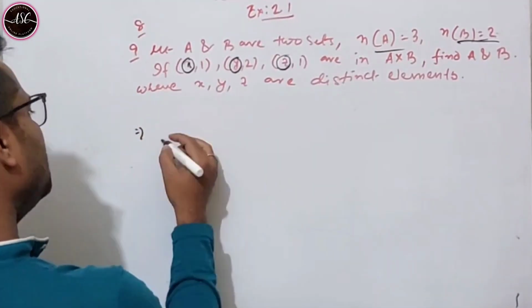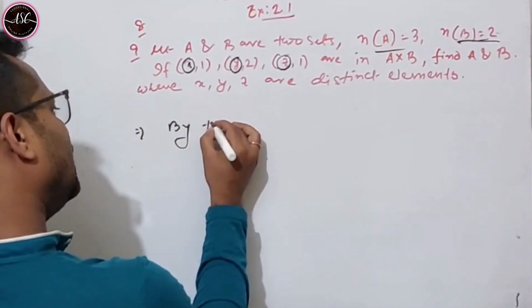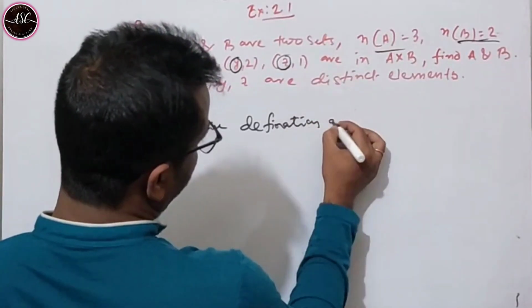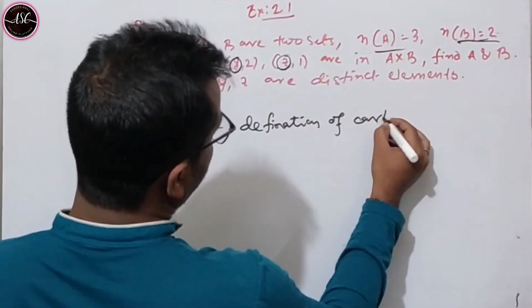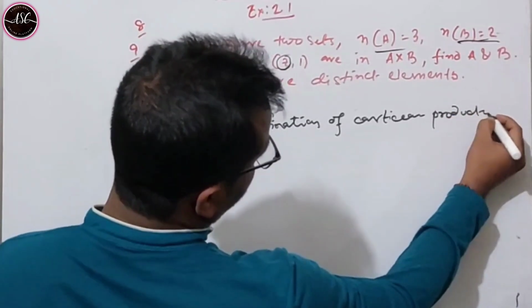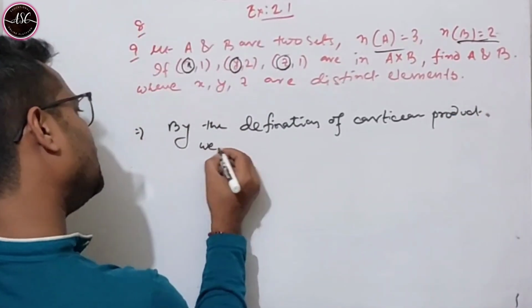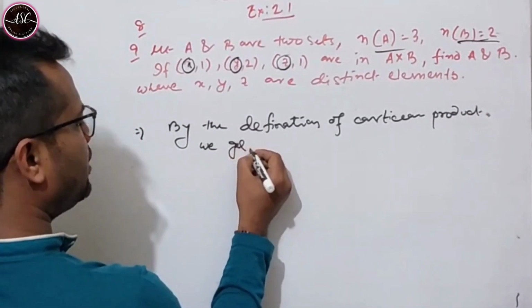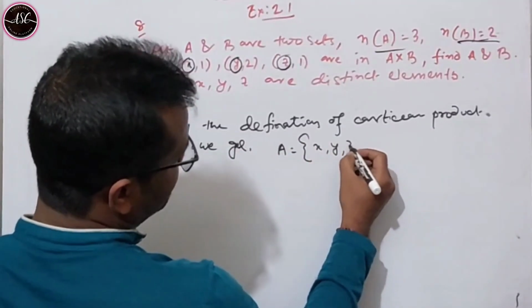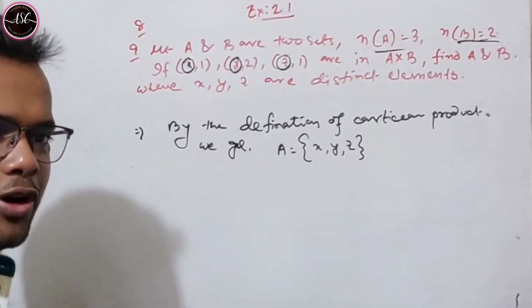So from this, by the definition of Cartesian product, we get A equal to {x, y, z}. Okay.